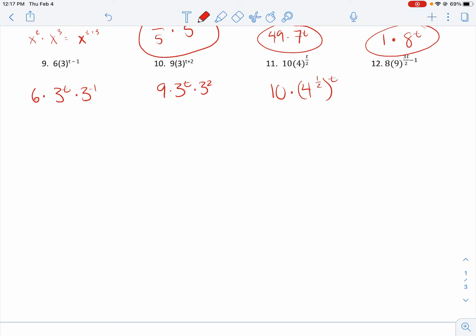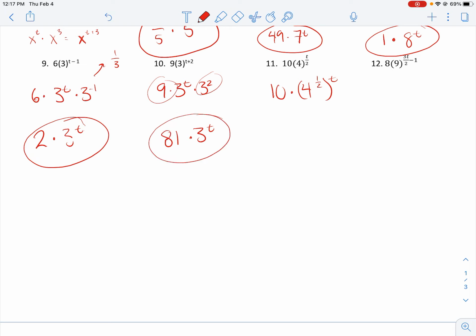Let's stick with the first 3 first. Remember, this is just 1 over 3. So 1 over 3 times 6 is just going to give me a 2 times 3^t. Here we already have the 3^t, so I'm going to multiply 3 squared and 9. And 3 squared is just 9, so it's going to be 81 times 3^t.